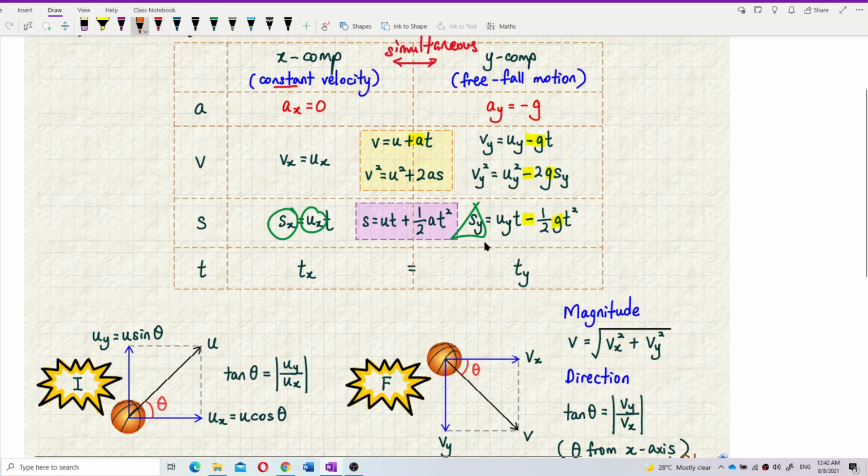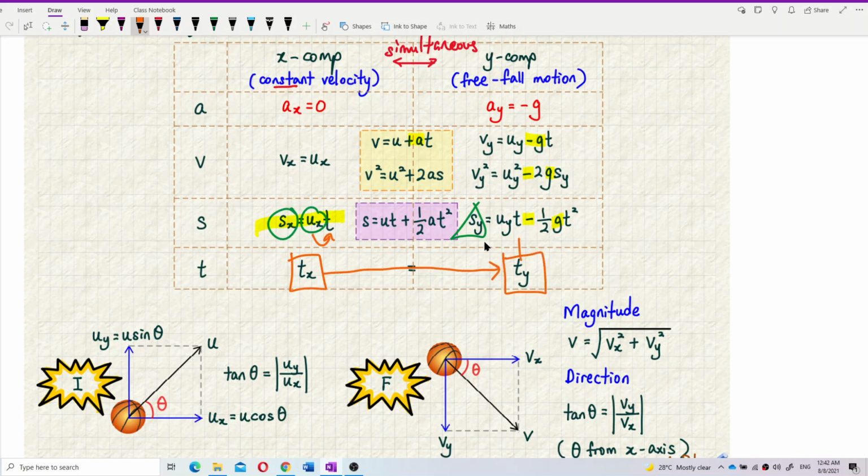The key is, you use this formula to find the time first. Once you got the time, which is equal to the y component time, you just substitute into the time over here, and then you can get your Sy. That's how we link between two components.